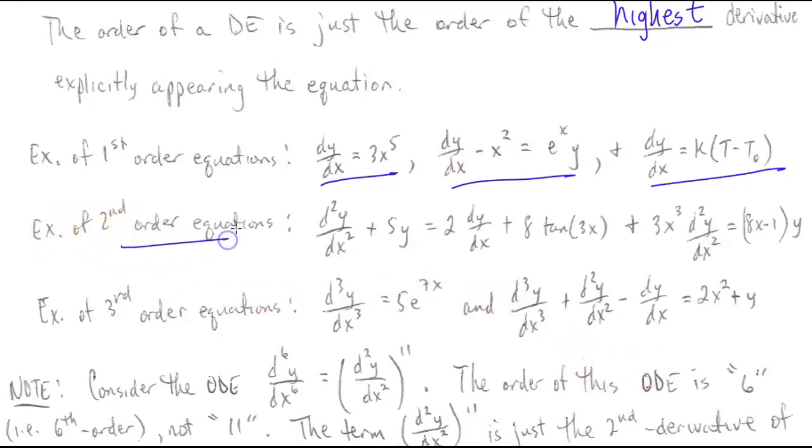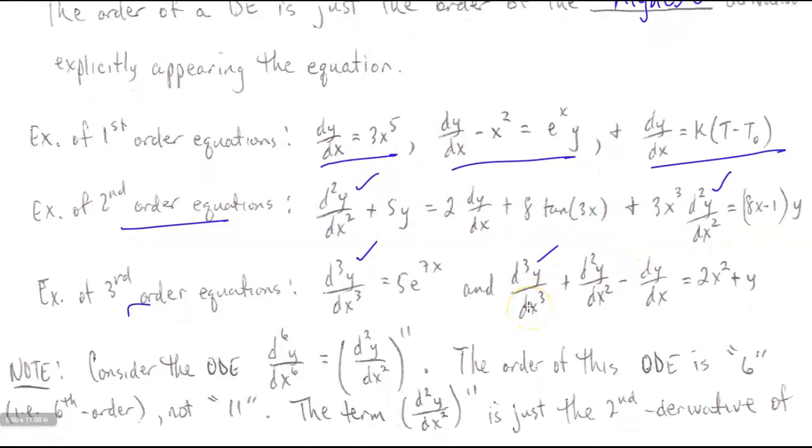For second order differential equations, the highest derivative we see would be the second derivative. And of course, for third order, the highest would be the third derivative. As long as you have at least one term with a derivative of highest order in it, that's all you need to classify it.